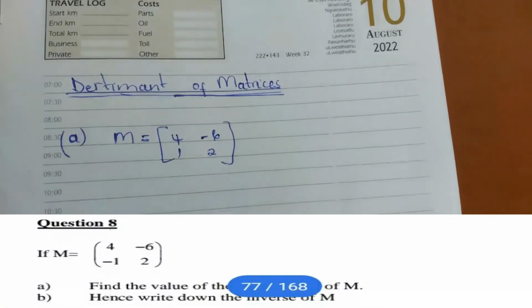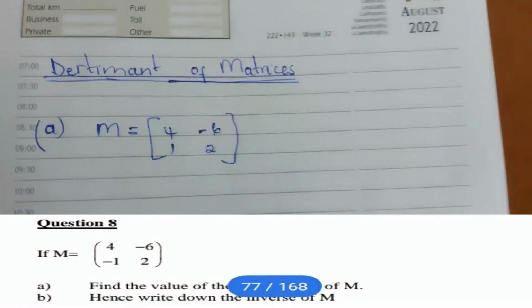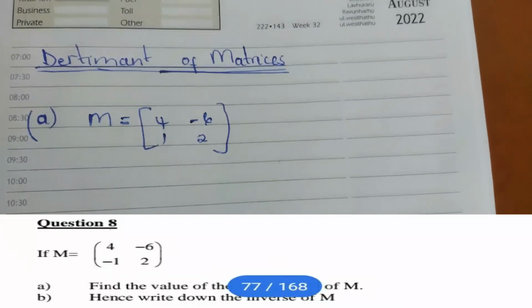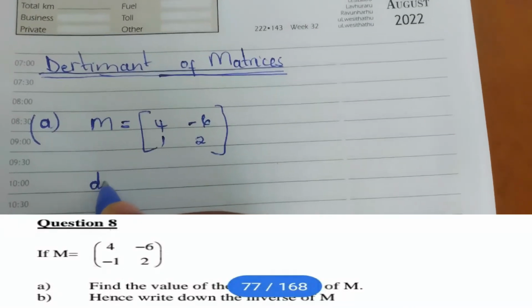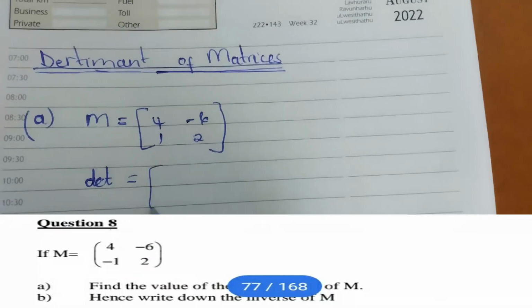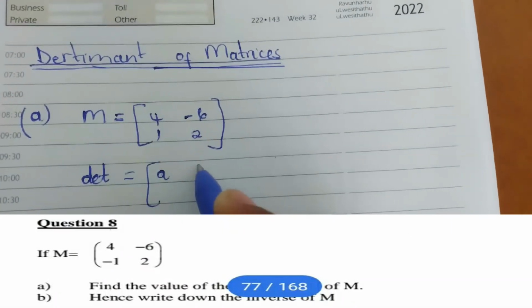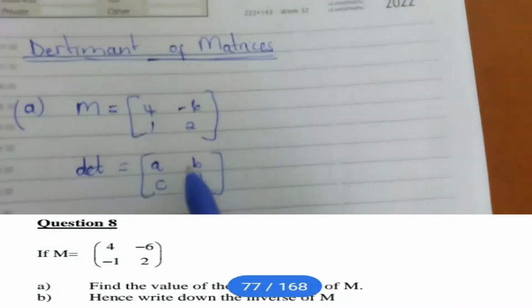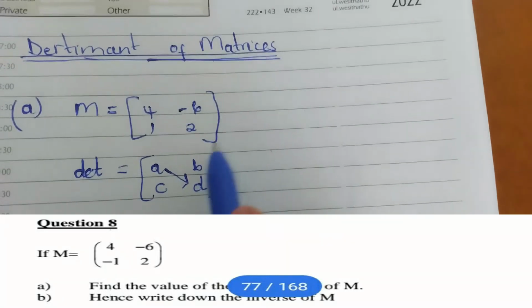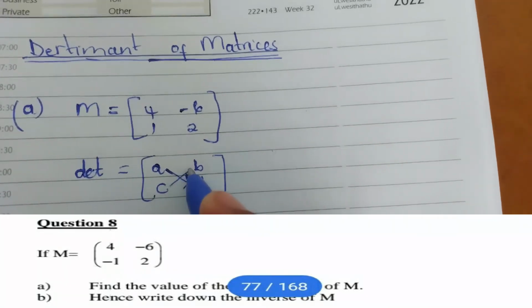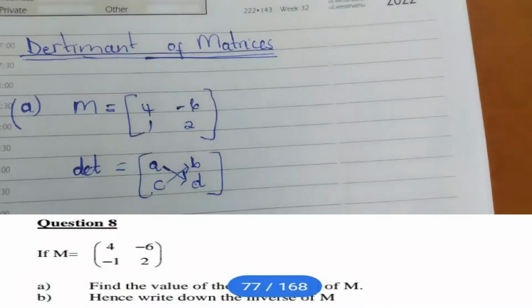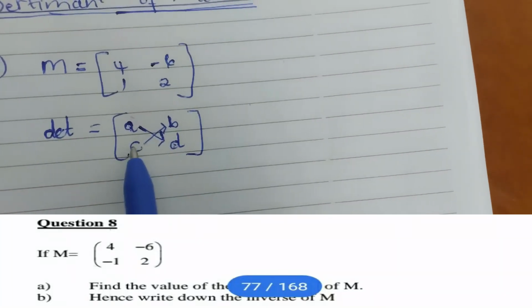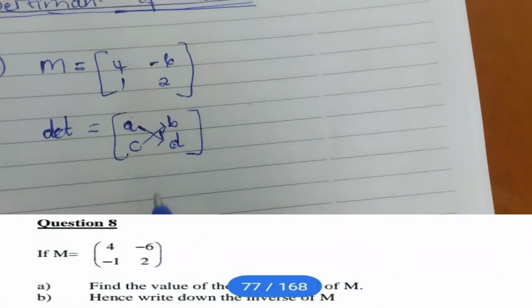So to find the value of the determinant of M, how do we get the determinant? The formula for a determinant is, we have our A, our B, our C, our D. We multiply A and D, and for C and B we then subtract.